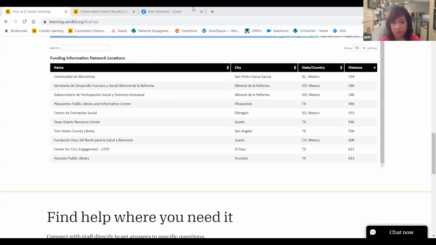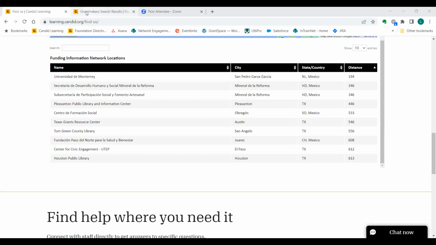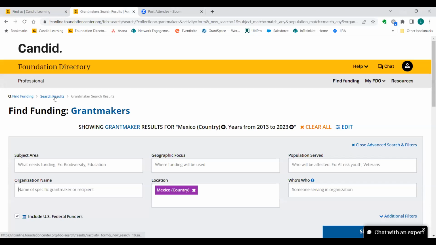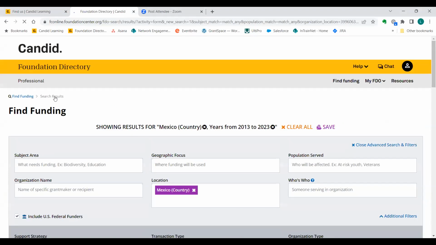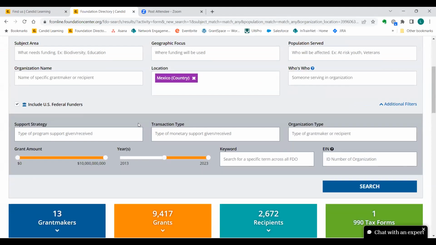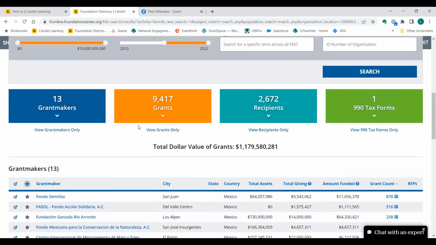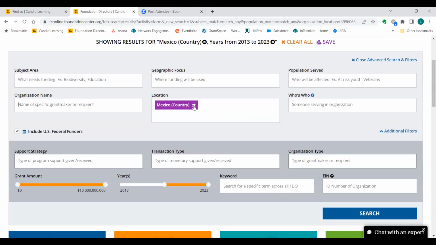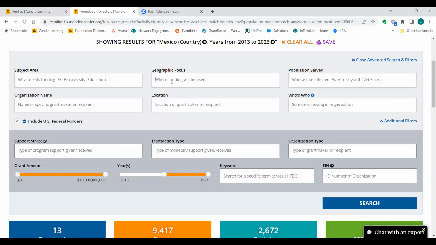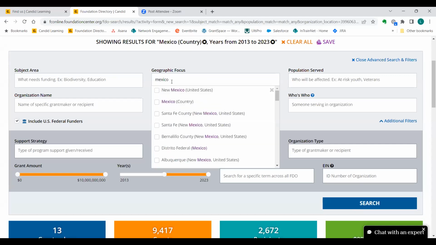Go ahead, Lori. Okay. And I'm going to back up again to the profiles. There was one other thing I wanted to show in the profiles. So location is where you can find funders that are actually located in Mexico. But as I said, geographic focus is what you want to use for that.